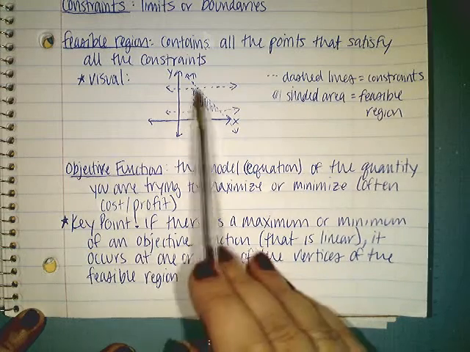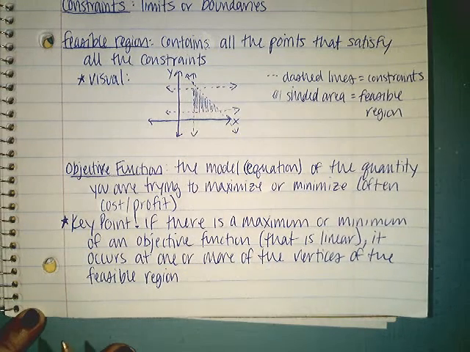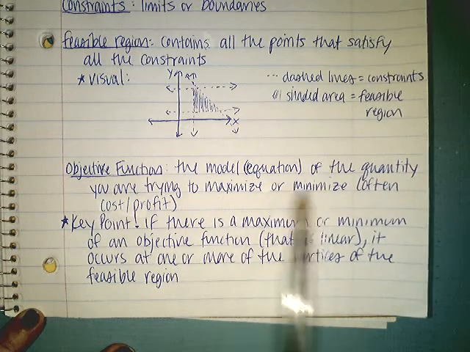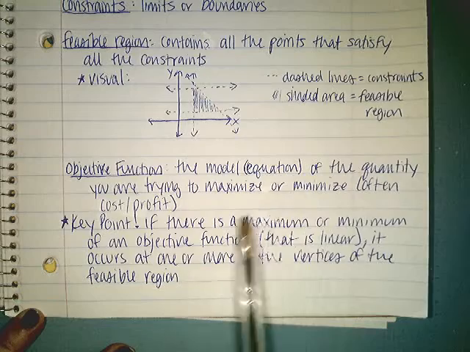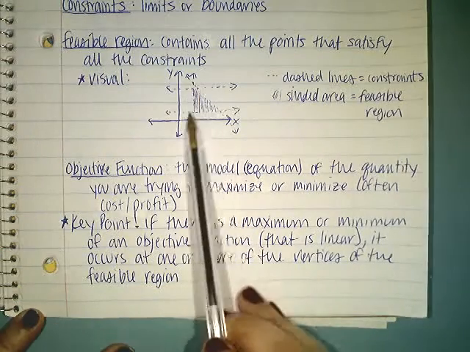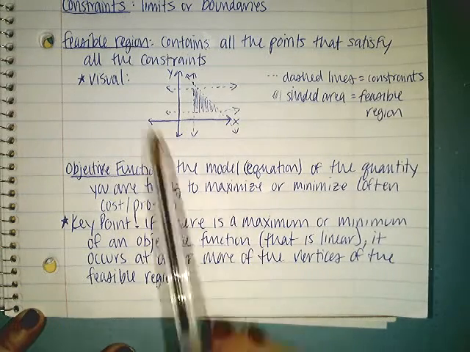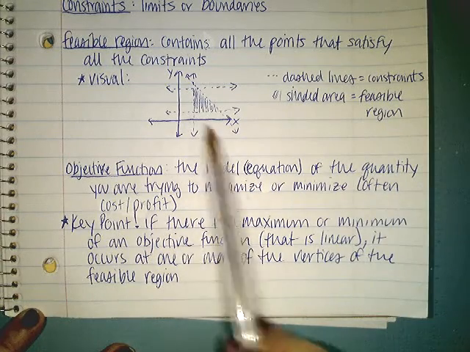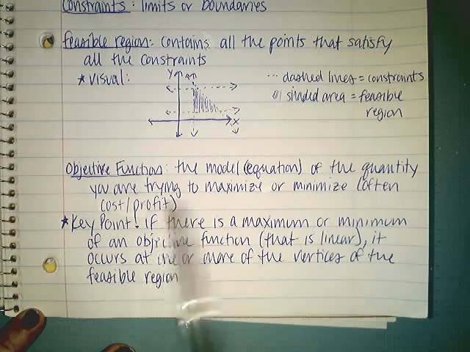So we don't have to try every single point in the feasible region in our objective function to figure out how to maximize or minimize it. What we're going to do is graph this, find the 4 or more, or 3 or more, intersection points, and figure out which one of those coordinates will maximize or minimize our separate objective function.